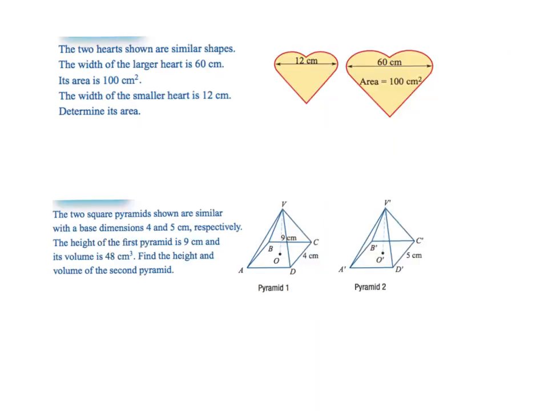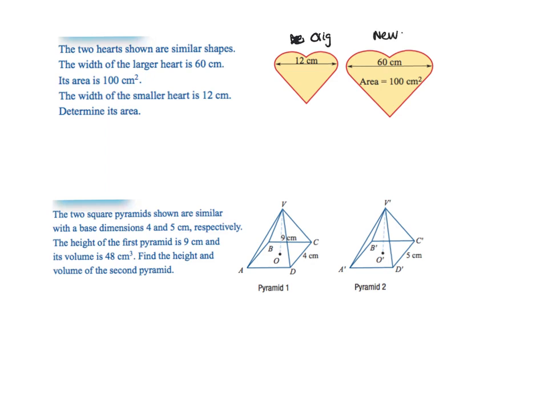So let's just keep doing a few others to show. You're going to see that they'll give you a length, and then you can find what it is. You just got to make sure when you set it up that you've got the right dimensions the right way. So I'll say this is the original, this is the new.